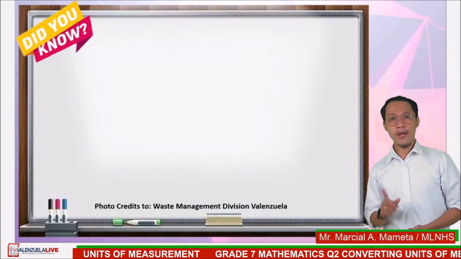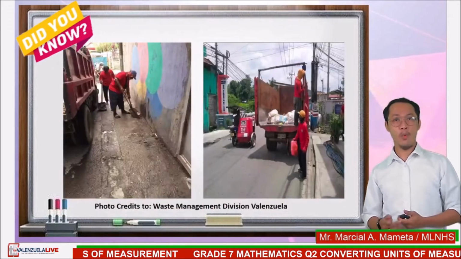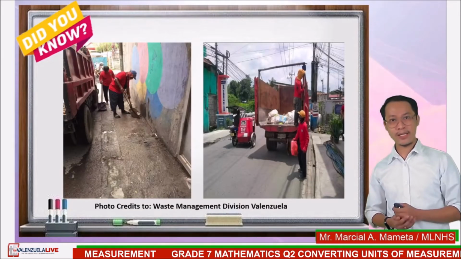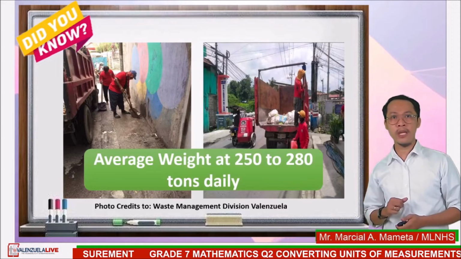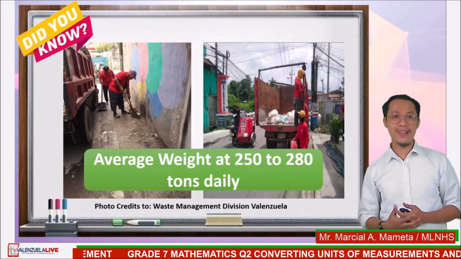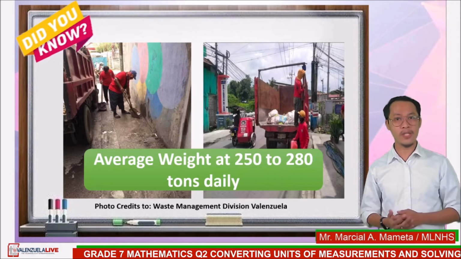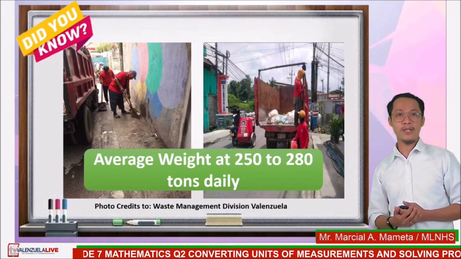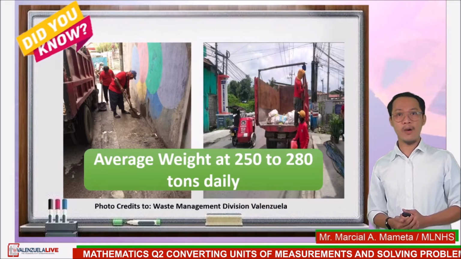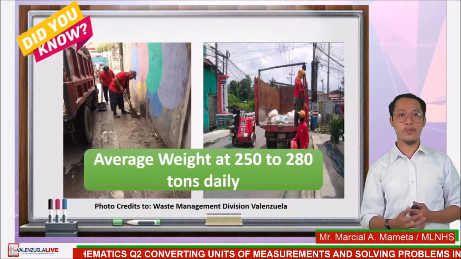Did you know that the average weight of waste collected in Valenzuela City is 250 to 280 tons daily? Again, daily. This information was given to me by the Waste Management Division of Valenzuela in an interview. The amount of waste collected daily was huge.